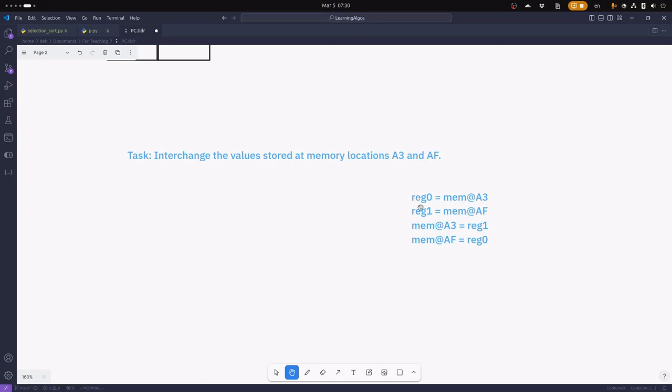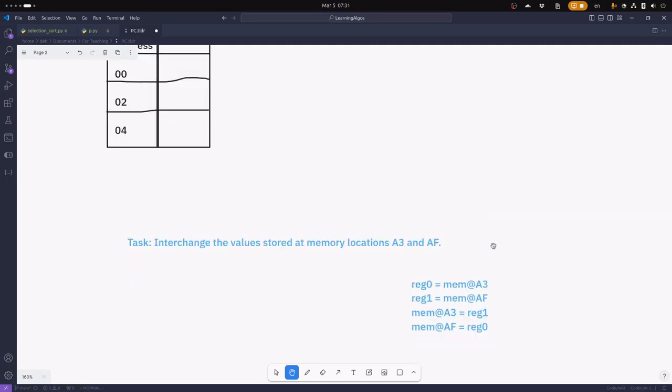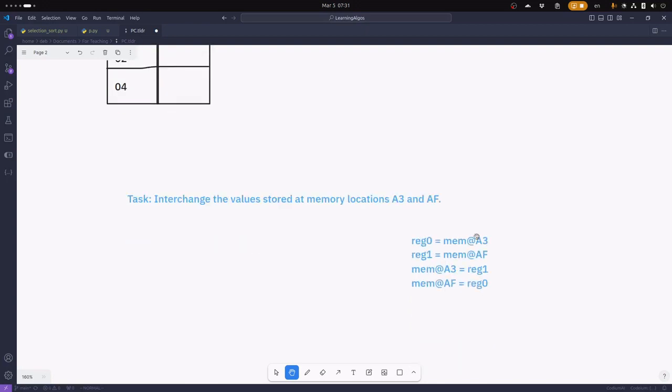So register 0 equals memory address A3 and register 1 equals memory address AF. Register 0 holds the value of memory address A3, and register 1 holds the value of memory address AF. You don't need to look for the values of A3 and AF here, because those values are somewhere in the memory cells, right?